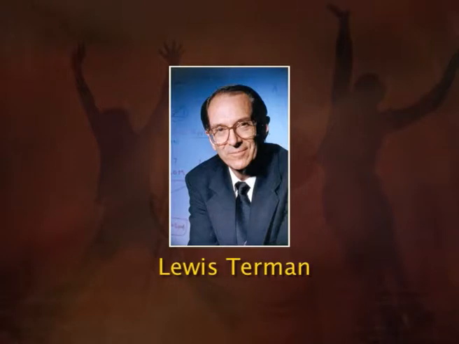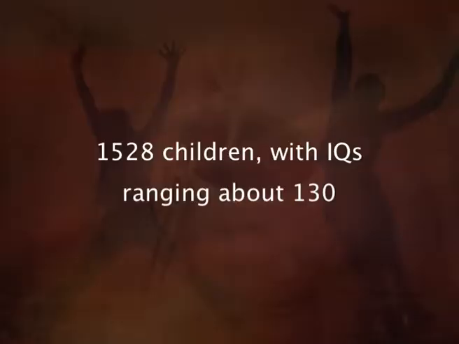One of the first persons, the pioneer in the study of the gifted, is Louis Terman. In 1921, he started a huge longitudinal study in the US, which identified 1528 children with IQs ranging above 130. He wanted to study these children over a long period of time as they grew from childhood to adulthood and to find out the characteristics of these gifted children.